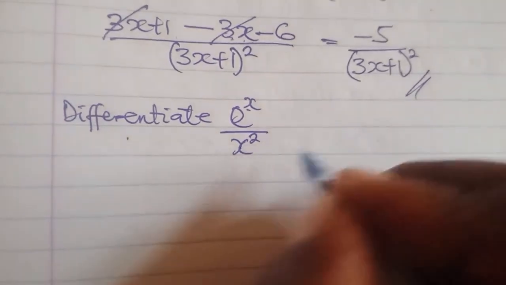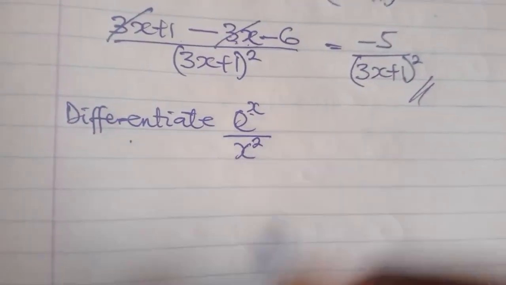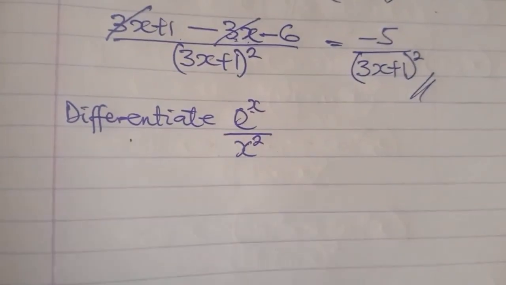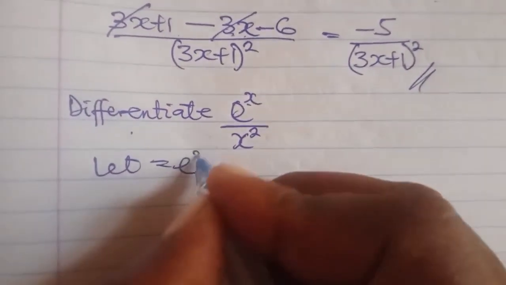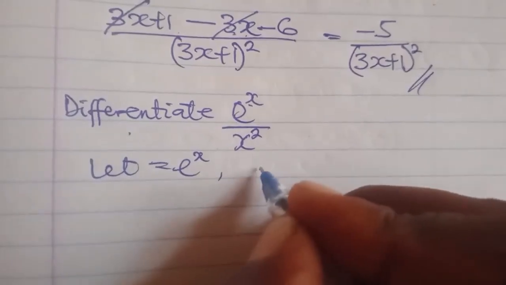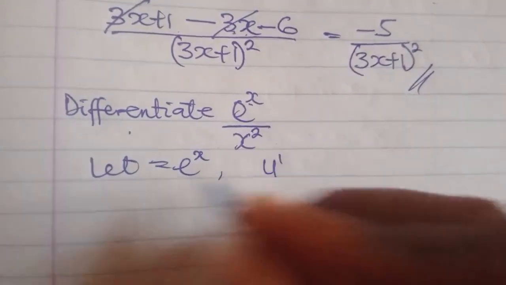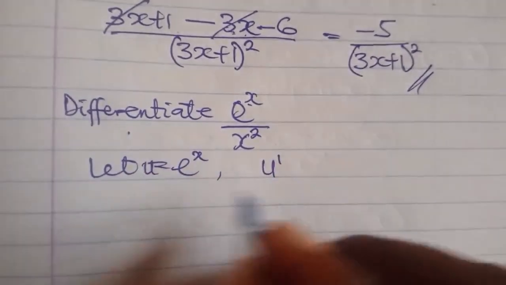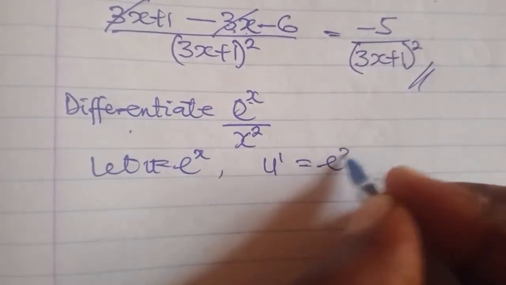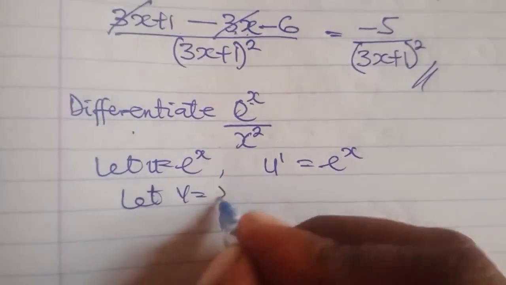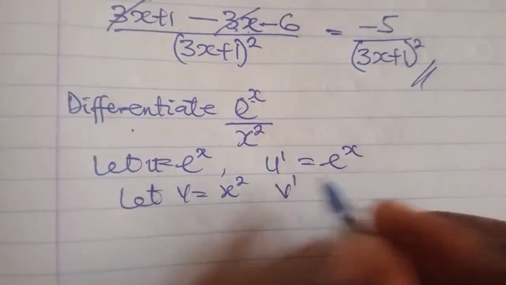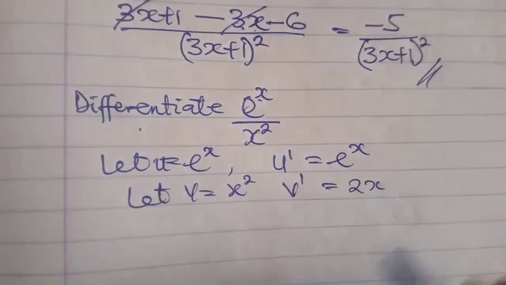You can pause the video and solve this particular one. Alright, let u be equal to exponential x, and so if we differentiate u, we still have exponential x. Let v be x squared. If we differentiate v, we have 2x.